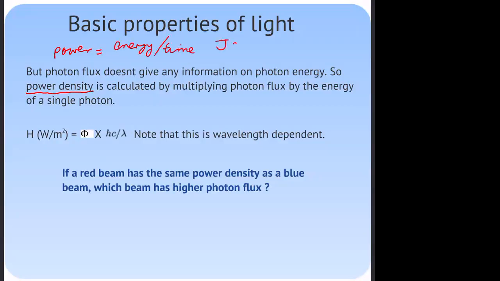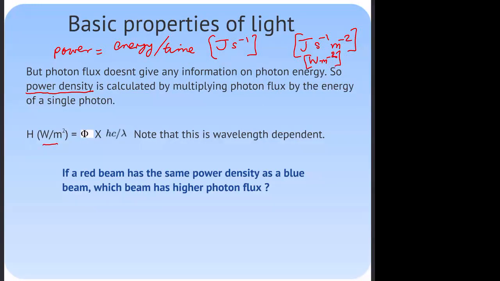So it's simply joules per second. Power density, density refers to area. So this will be joules per unit time per area. Okay, so power density, and joules per second is watts, right? So I can write this as watts per unit area. And that's what this is, okay?